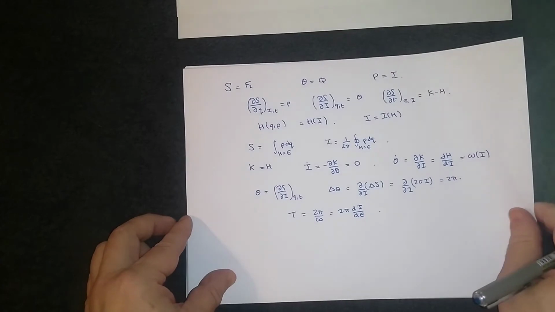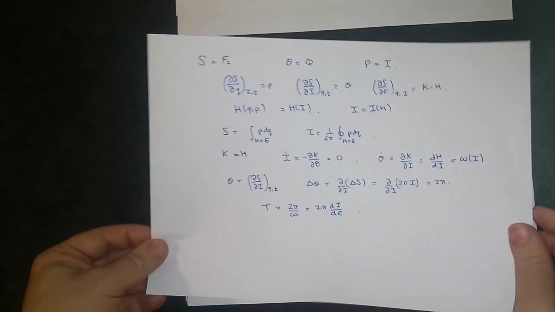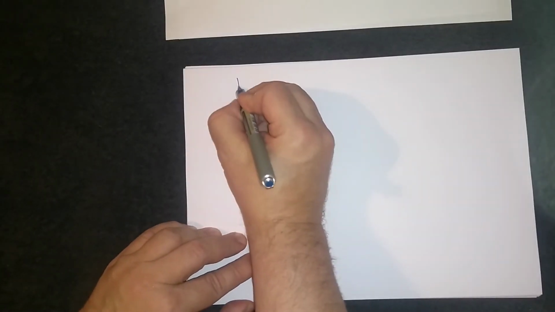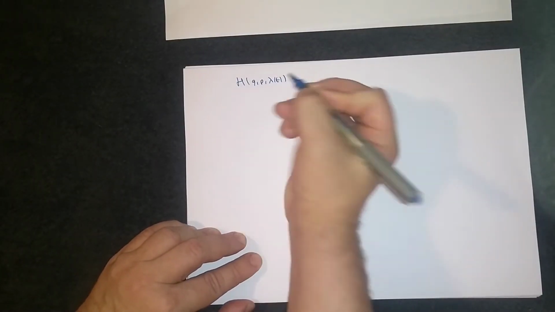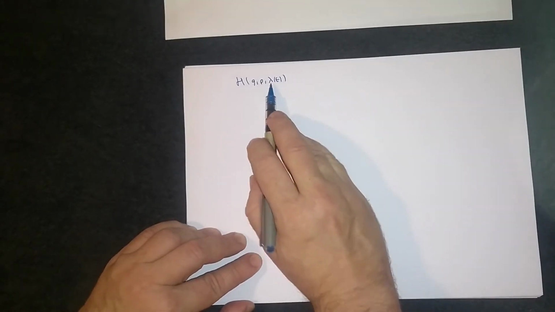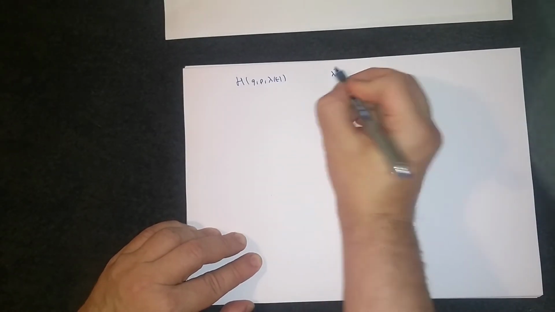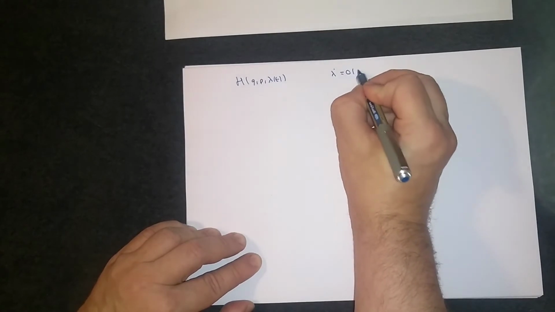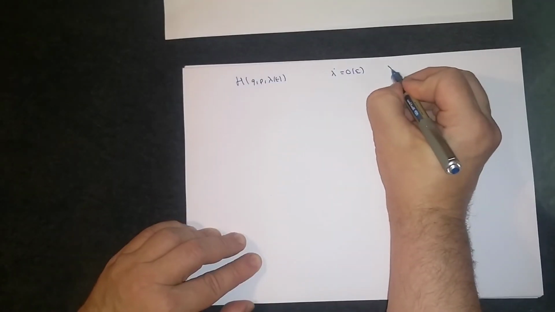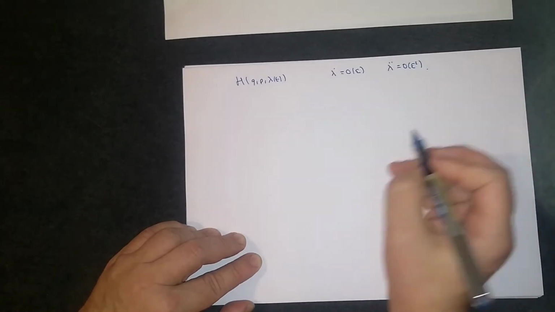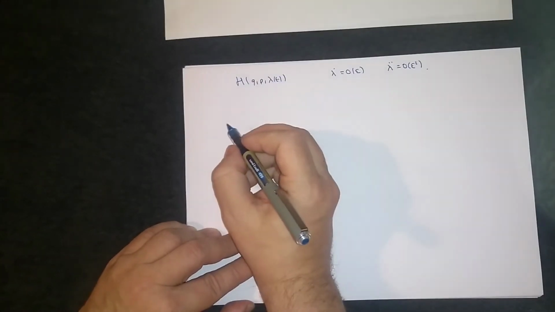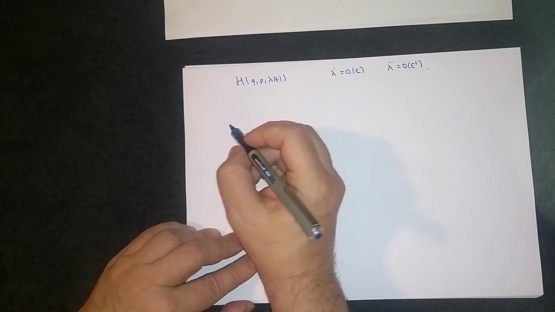Next, let's discuss adiabatic invariance. So now we consider a Hamiltonian H which has some time dependence, but the time dependence only comes in through a function lambda, which is in some sense slowly varying. We'll have lambda dot equals order epsilon, lambda double dot is order epsilon squared. So epsilon here is a small parameter.